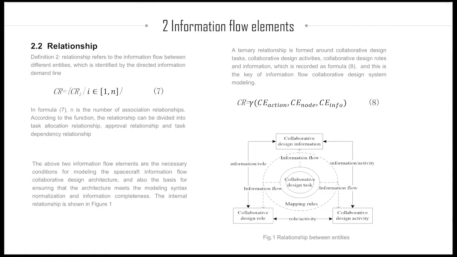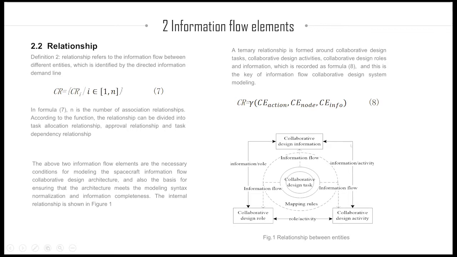The second part is relationship. Relationship refers to the information flow between different entities, which is identified by the direction information demand line, as shown in Formula 7. The above 2 information flow elements are the necessary conditions, as shown in the architecture in Figure 1.